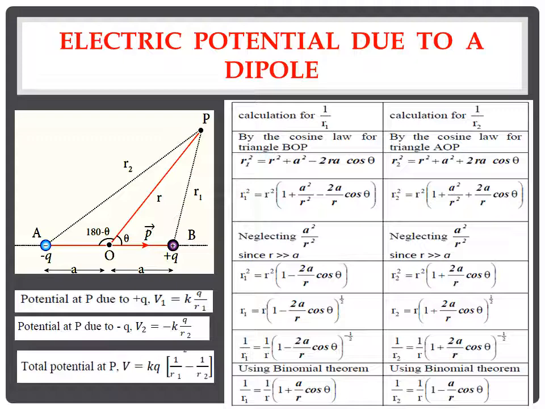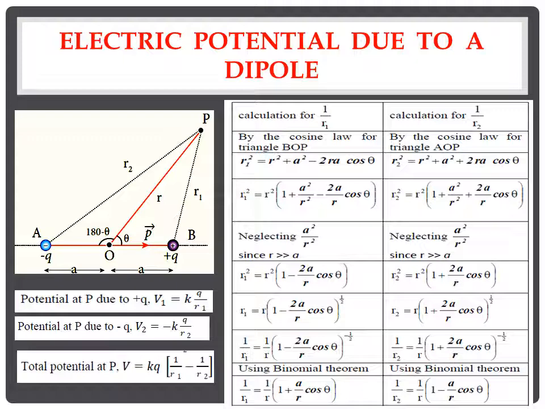And let us consider a point P, which is at a distance of r from the midpoint. The angle subtended along POB is equal to theta, and the angle subtended along AOP is equal to 180 minus theta, because the total angle should be 180. So if this is theta, the other angle should be 180 minus theta.